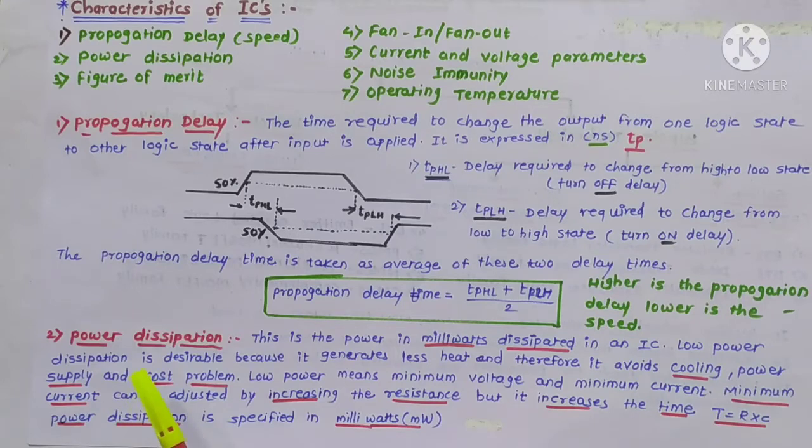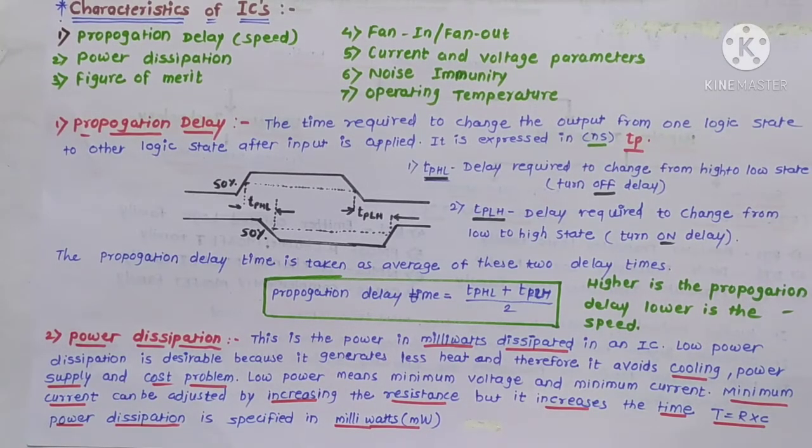And the power dissipation can be expressed in milliwatt. Or we can say that the less the power dissipation, the less need of cooling or power supply or cause problems. And the less power dissipated, the less heat is created, and the IC gives better performance.